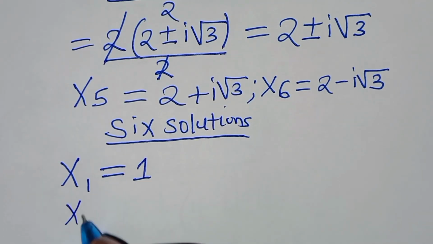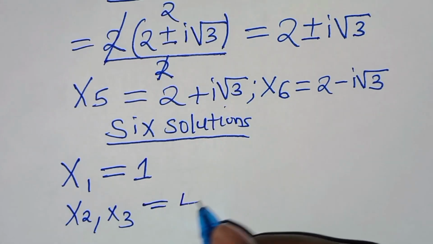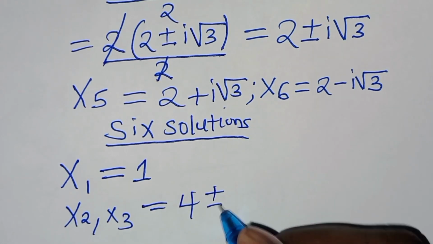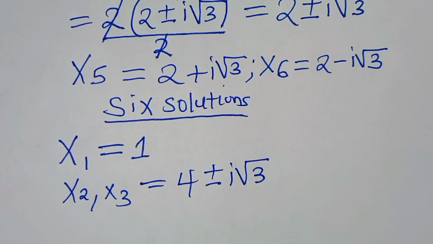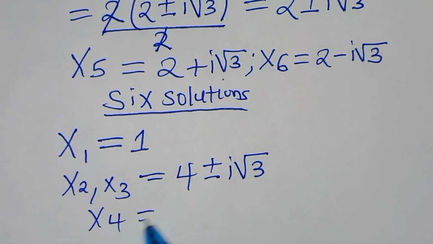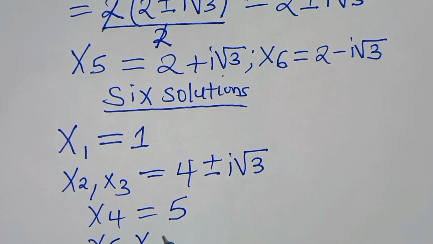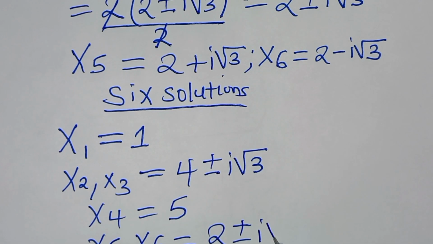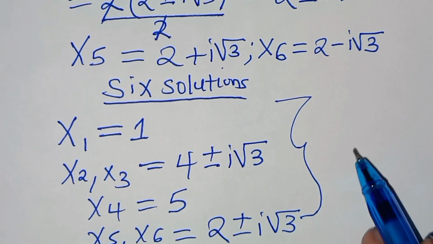We have that x2, comma x3, is equal to 4 plus or minus i square root of 3. We have x4 equal to 5, and we have that x5, comma x6, is 2 plus or minus i square root of 3. So these are 6 solutions to this exponential problem.